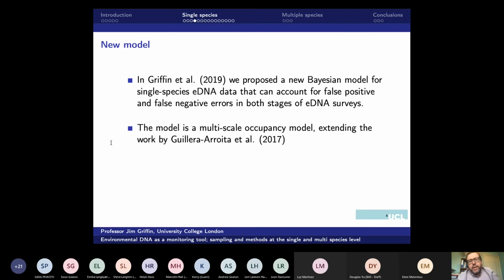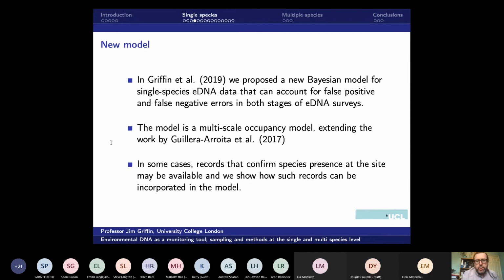There's already been some work in this area, and there's been work on multi-scale occupancy models. So we extended that work and came up with a way to address some of the issues around those models. I'll come on to what I mean by that.